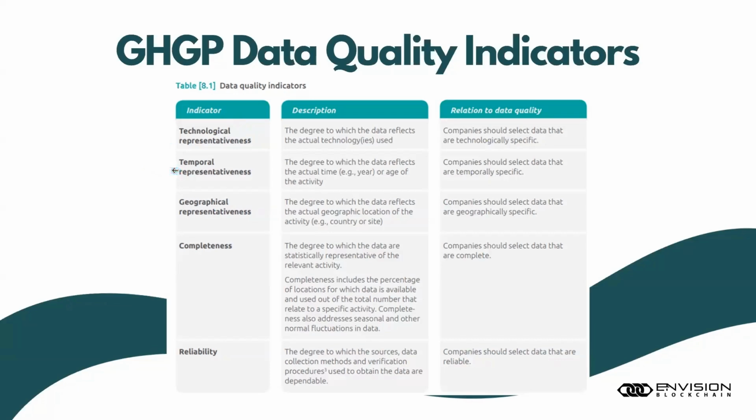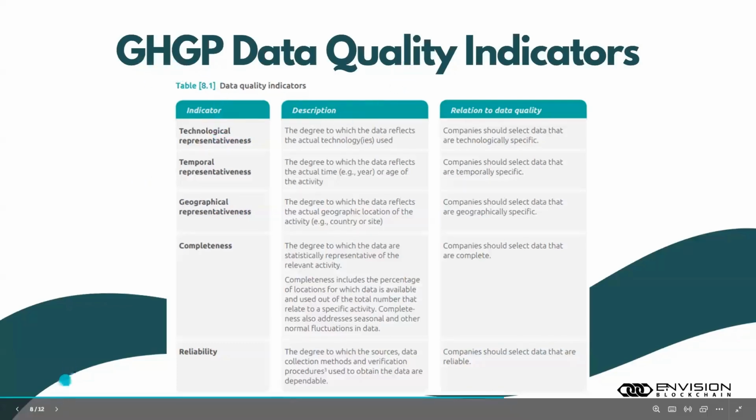Temporal representativeness, they remain static for a long time. Some of the data is really old that people are using. It's averaged over large geographical areas. Basically, every one of these shows that the data quality indicator is valued by GHGP. Those approaches are not very high quality data.